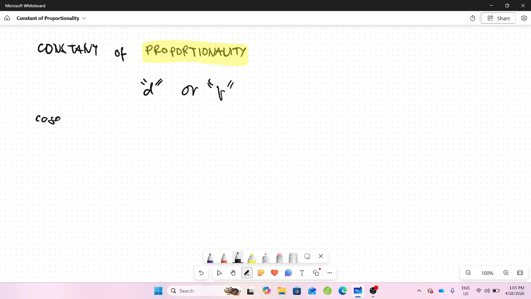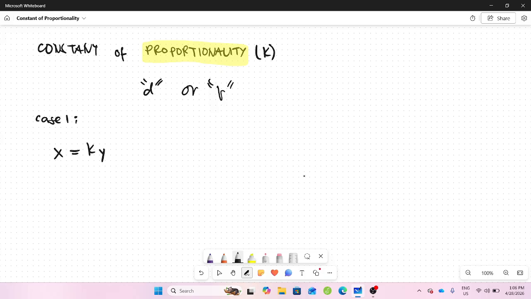So, case one. Our constant of proportionality here is symbolized by k. That's why in the first case we have the variable x equals the constant of proportionality k times y.